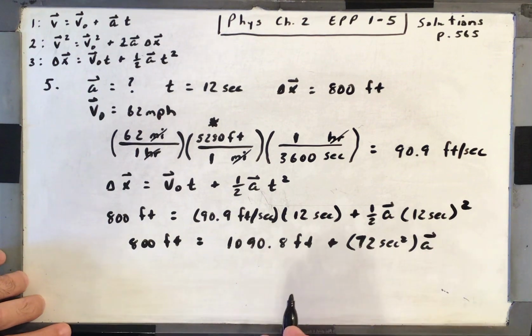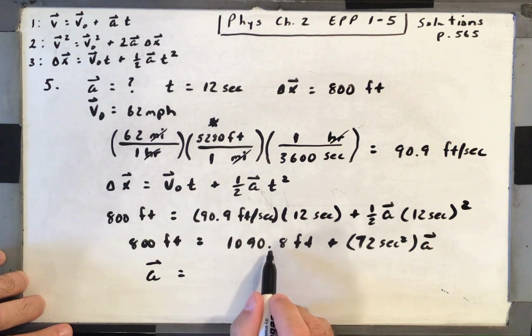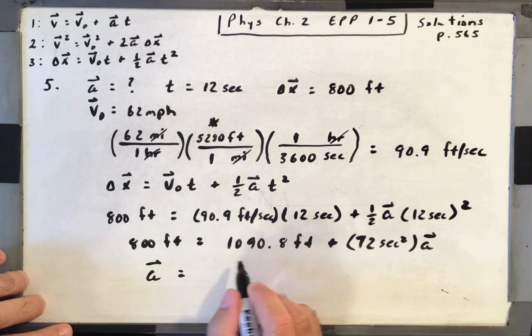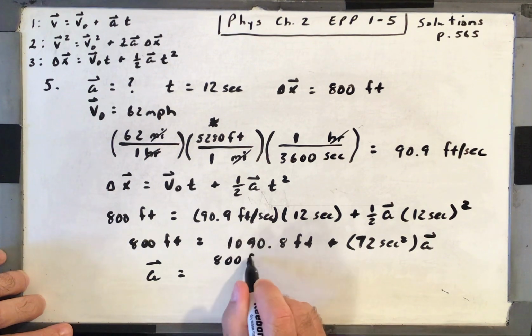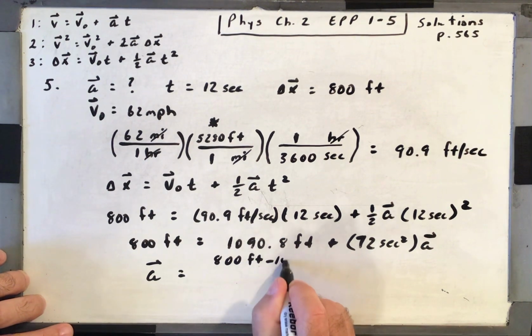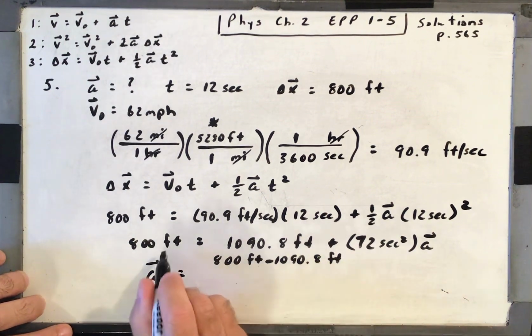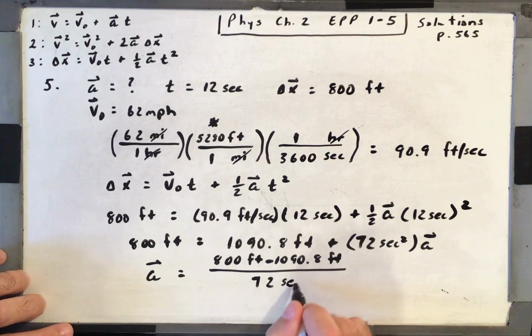All right, so acceleration is going to be, we're going to move this 1,090.8 over to the left, right? So I'll just do it like this, 800 feet minus 1,090.8 feet, right? When I move that 1,090.8 to the left, and then divided by 72 seconds squared.